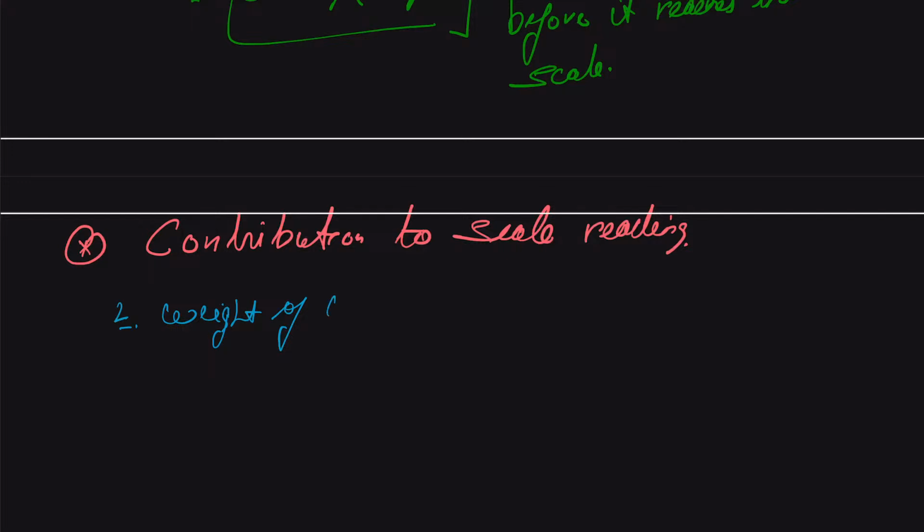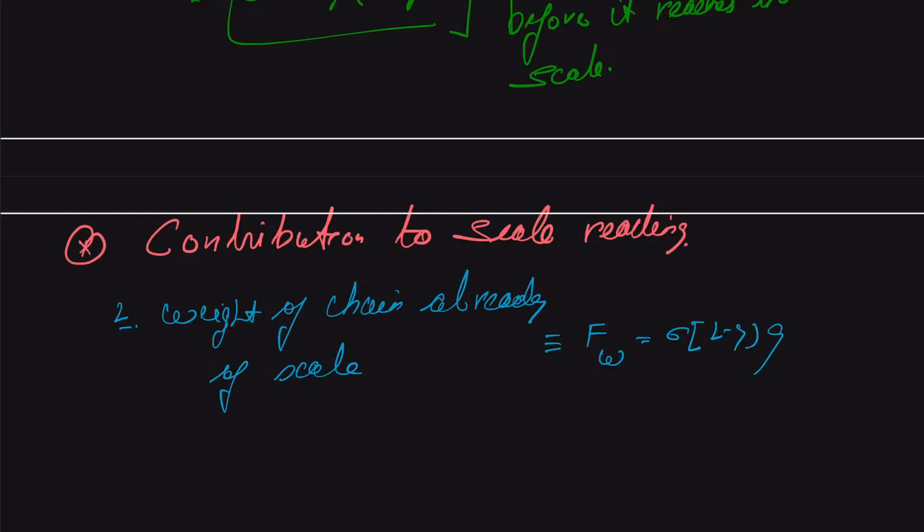Weight of chain already on scale, and let us call that FW, and FW will be equal to mg, and we know that its mass is our sigma (L minus y) multiplied by g.